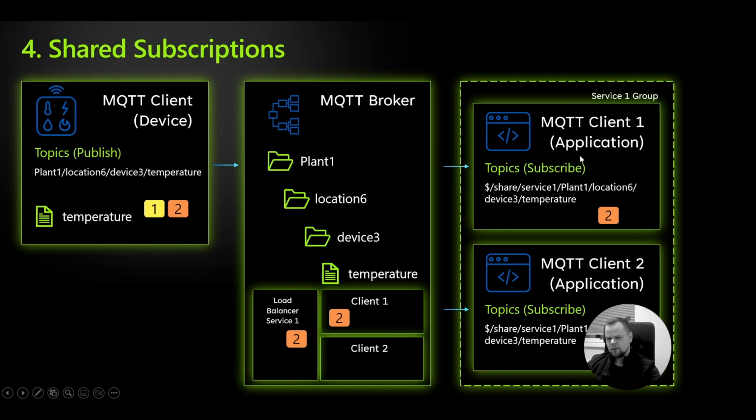And if you think about it, that basically allows horizontal scaling without any programmatic overhead, right? You just write the same application in which you specify a shared subscription to monitor a specific topic structure, and then all applications, as soon as they come online, start monitoring it. And it's a very easy load balancing mechanism for the application.